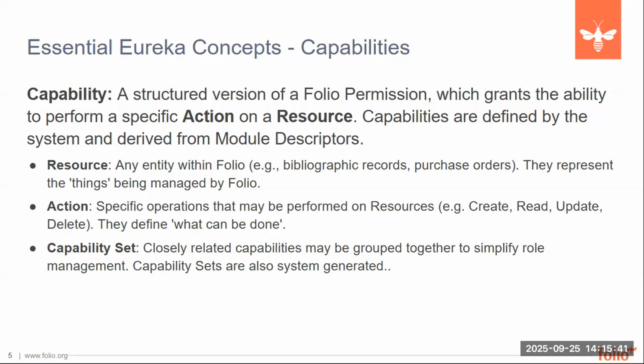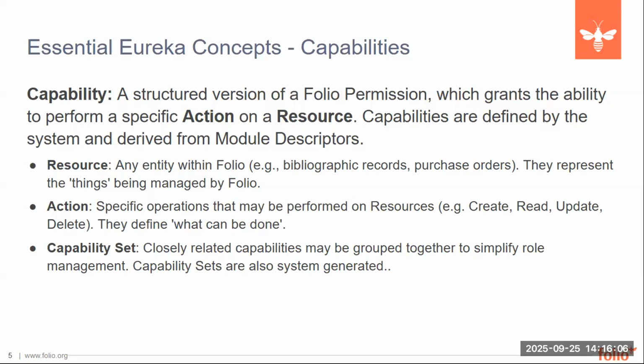We're making it explicit here so that we don't have to interpret it, because a lot of times these permission names are created inconsistently. Maybe you find inventory.item.read, but maybe it's inventory.item.get or search or something else. So with a capability, we're explicit. We identify the action and we identify the resource.